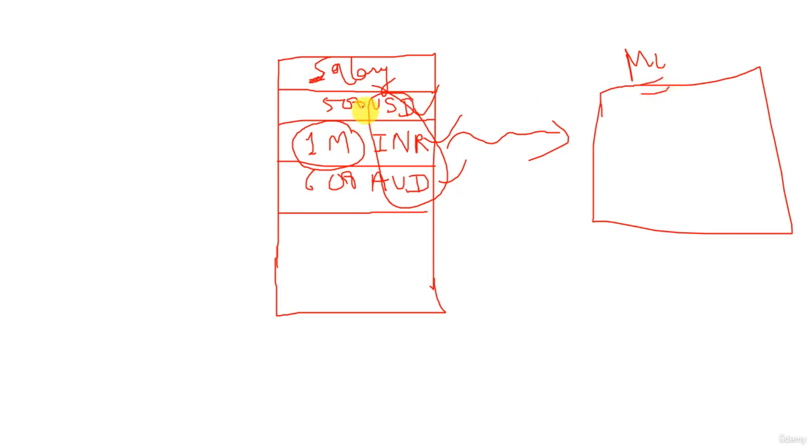So see here, let us say that I have 50,000 USD. Okay, this data was quite small. So let us say that in our example, instead of 500 and 600, I have 50,000 USD, which is US dollar, and 60,000 Australian dollar, and 1 million in Indian rupees.